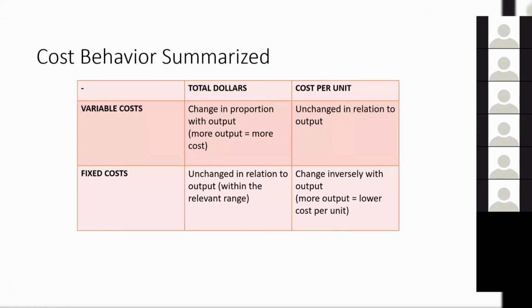So here's a comparison of the costs, summary, variable costs: total dollars change in proportion to the output, but the cost per unit remains unchanged. On the other hand, fixed costs are unchanged in total dollars, but they change inversely with output. The more output we have, the lower the cost per unit.